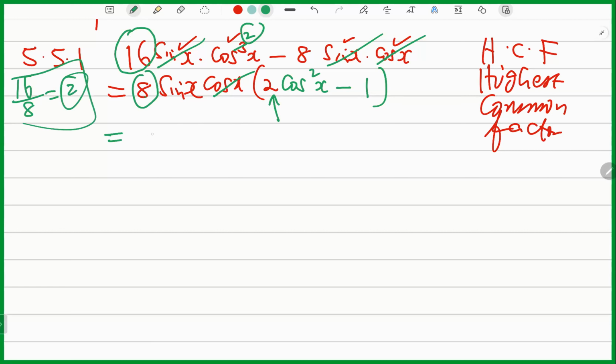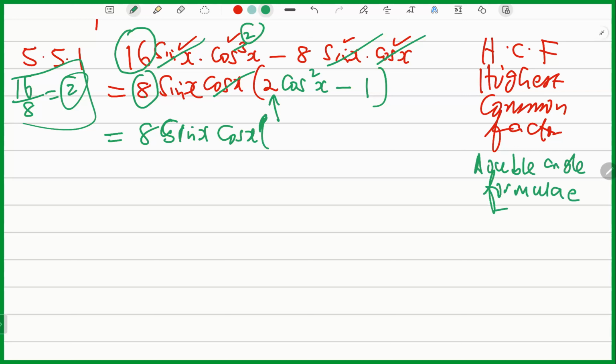Right, so we have this. What do we get this to be? It is 8 sine x cosine x. What is 2 cosine squared minus 1? It is an identity, the double angle formulae. If you have cosine 2x, it is 2 cosine squared x minus 1.